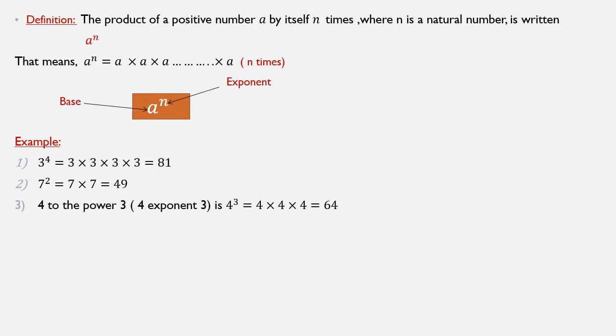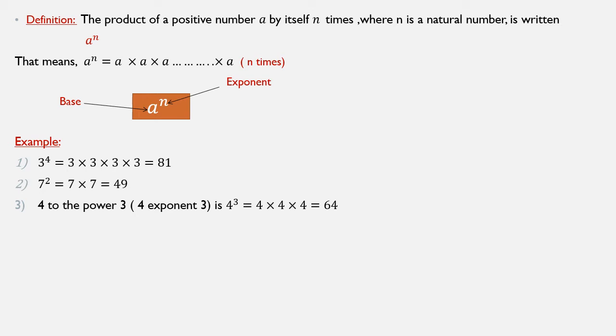Definition: the product of a positive number a by itself n times, where n is a natural number, is written a to the power n. So we use this writing, a to the power n, if we are multiplying the same number by itself n times. n is a natural number, which means a positive number without decimal points.